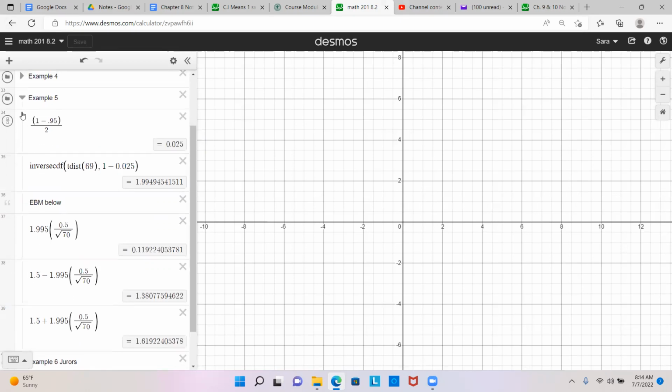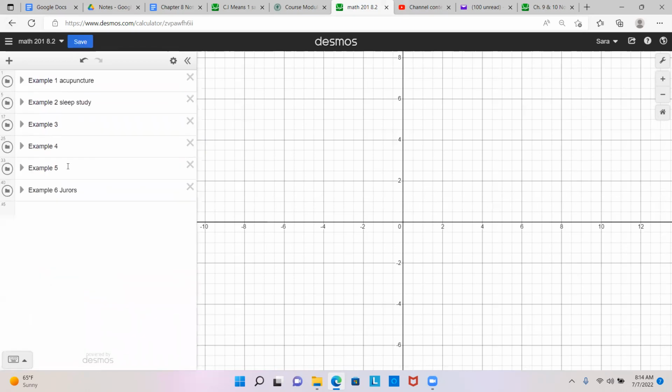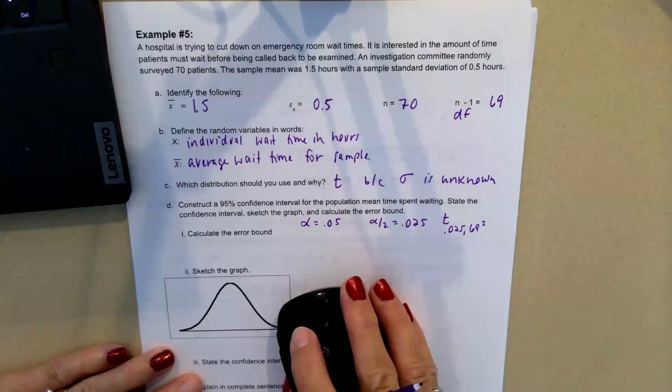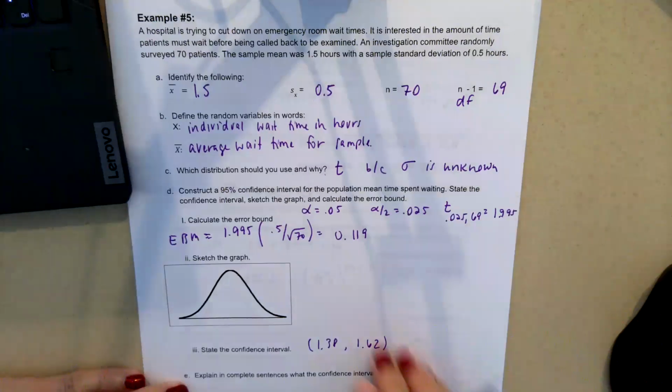Okay. Let's go back to the paper so we can document all that.